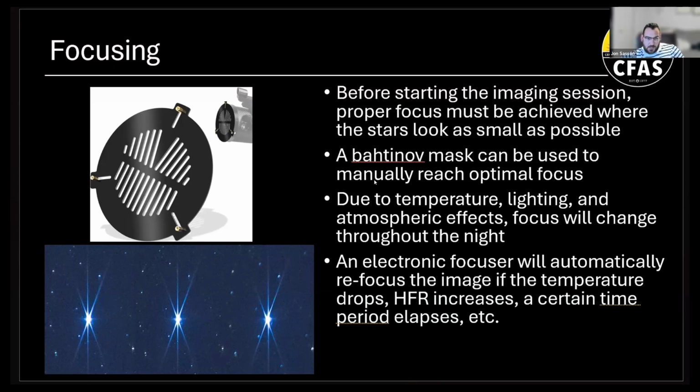If you don't have an electronic focuser, you may want to check your focus a couple of times throughout the night. Due to the temperature change at night, lighting changes, if there's a partial moon, atmospheric effects, like the humidity, which will cause the light to diffract differently as it's changing, and the sky temperature, all of that will cause your focus to change throughout the night.